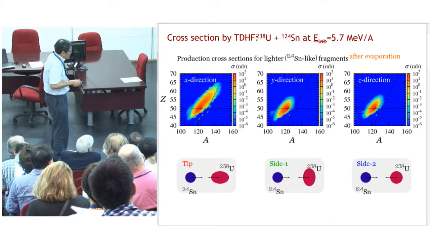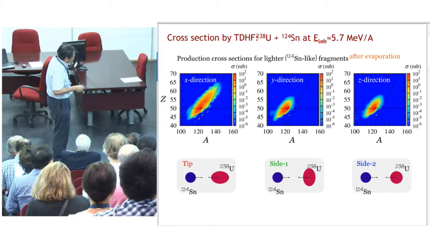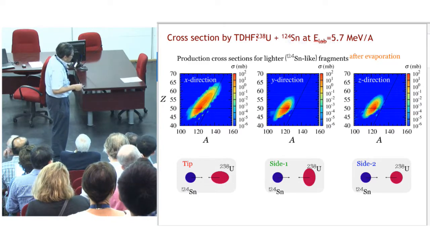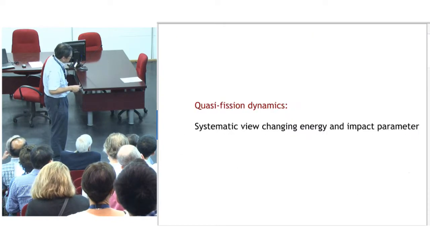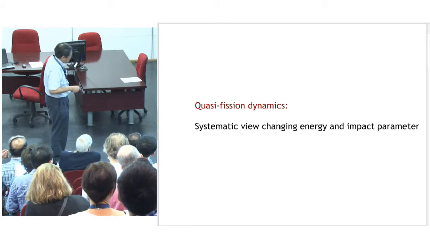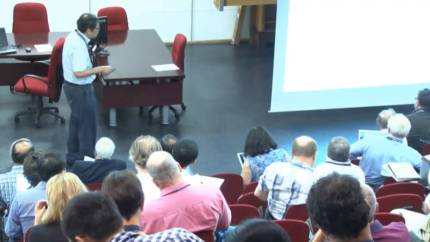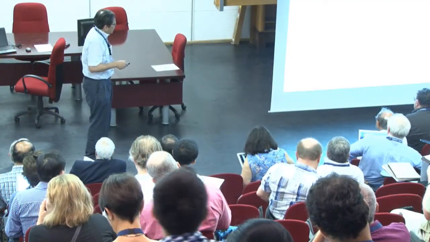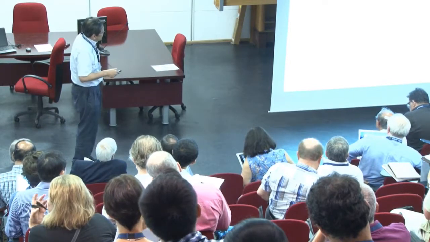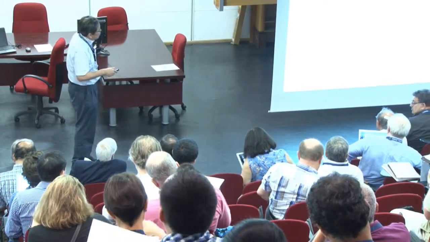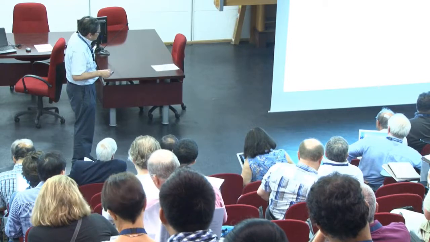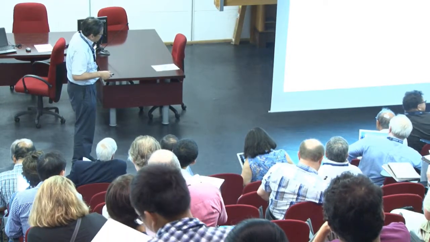So, as a final topic, I'd like to discuss quasi-fission dynamics, with a systematic view of the quasi-fission dynamics, changing energy and impact parameter. So this is the same system, a head-on collision, changing the incident energy.